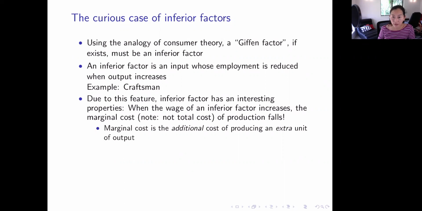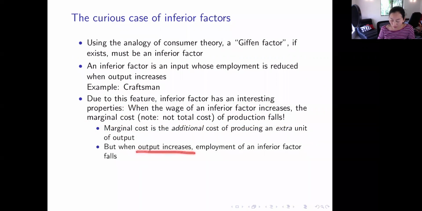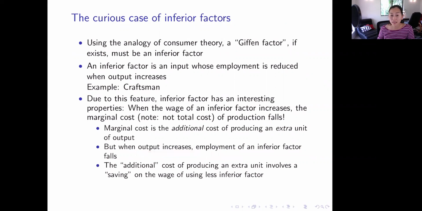About the inferior factor, it has interesting properties, which means that when the wage of an inferior factor increases, remember the MC that I discussed before, the marginal cost of production will fall. Because marginal cost is the additional cost of producing an extra unit of output. But when output increases, and because this is an inferior factor, we would employ fewer units of the inferior factor. By doing that, the additional cost of producing an extra unit involves the saving on the wage of using less inferior factor.